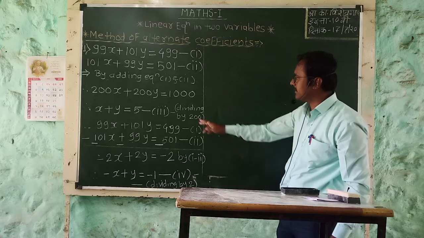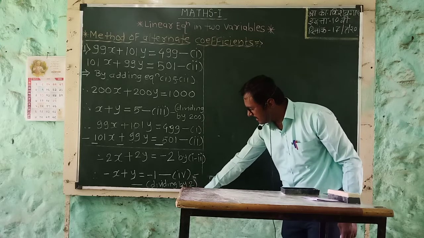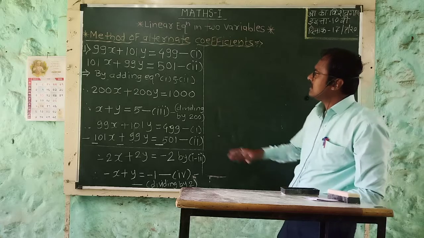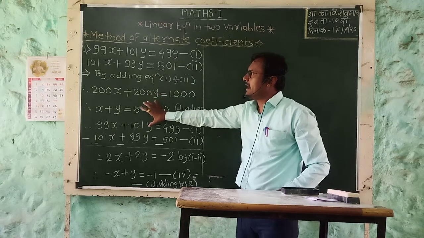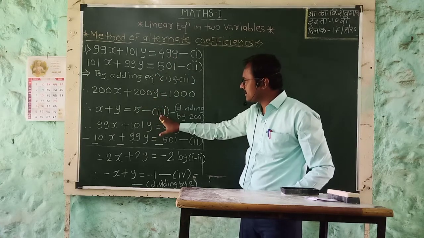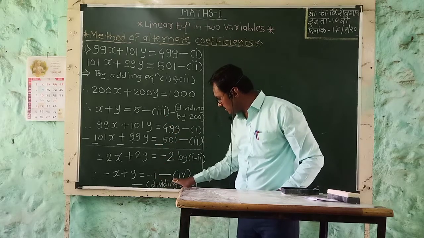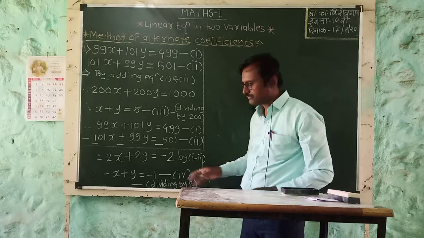Dividing by 200 earlier, and dividing by 2 here. So once I add, equation 3 is obtained. Once I subtract, equation 4 is obtained.